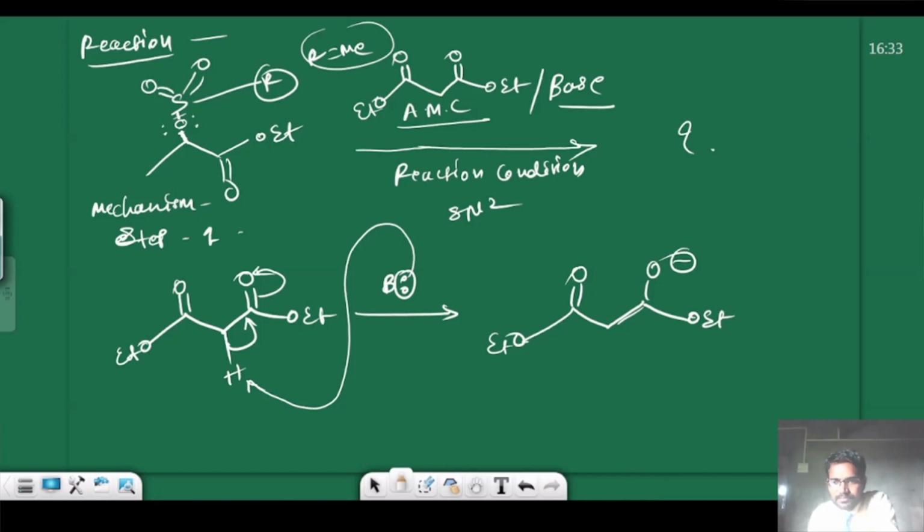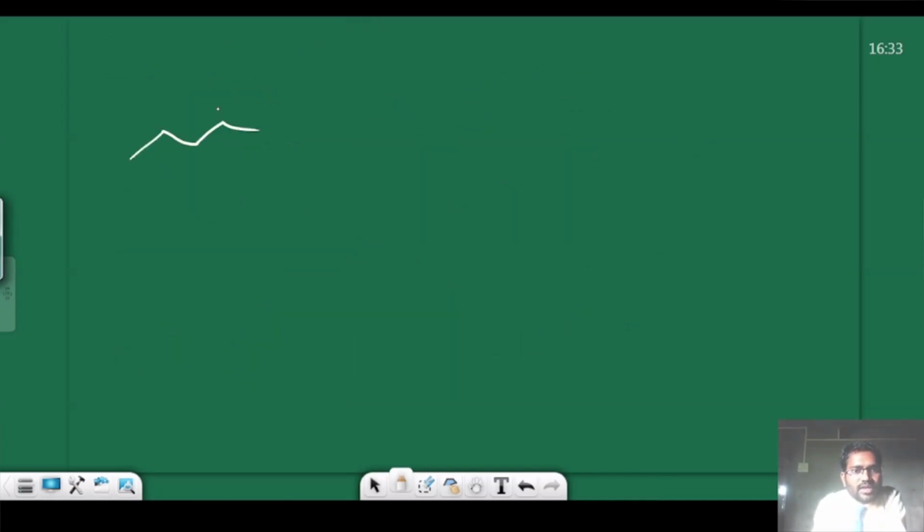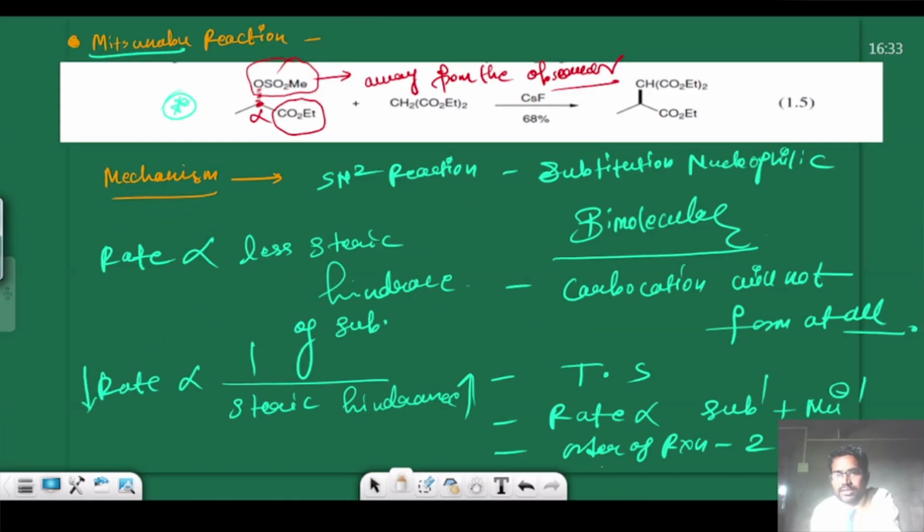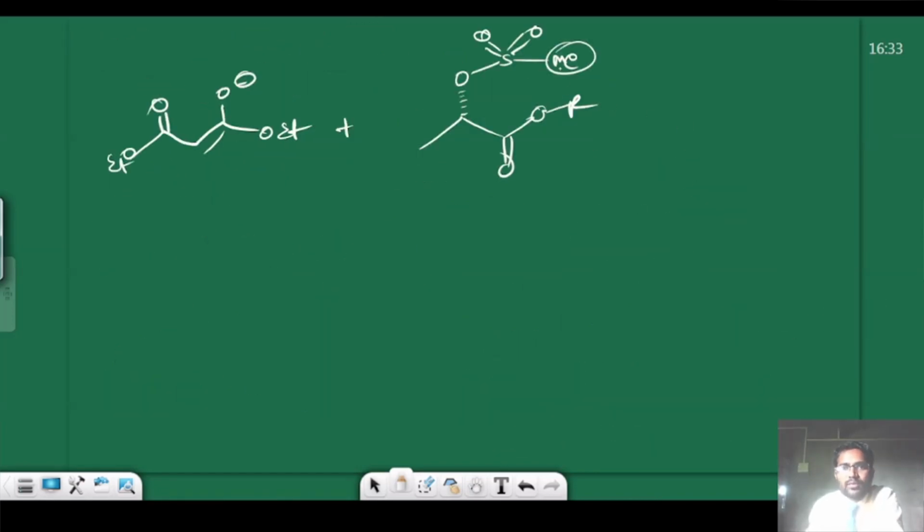When we treat this enolate anion with this particular compound, COOR, and here a dash bond is present, S double bond O, methyl system, COOEt. We will take this R equal to Et, ethyl.